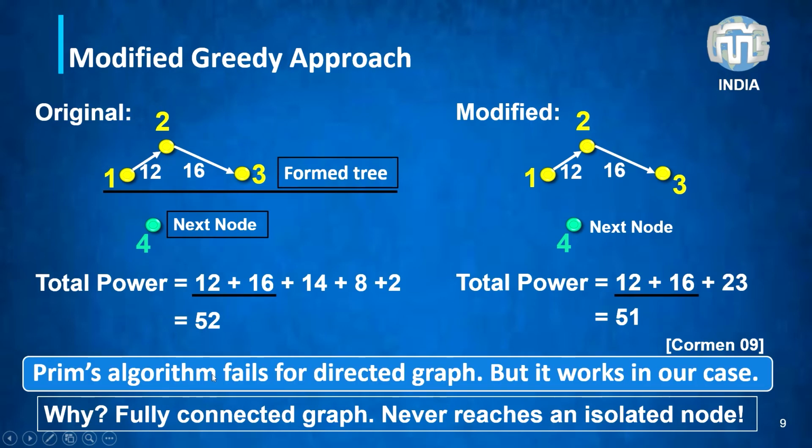The modified greedy approach that we have used is a Prim-inspired forming of the spanning tree. Suppose 1, 2, 3 are three nodes that have already been formed by Prim's algorithm, and next it is searching for 4, the next closest node.